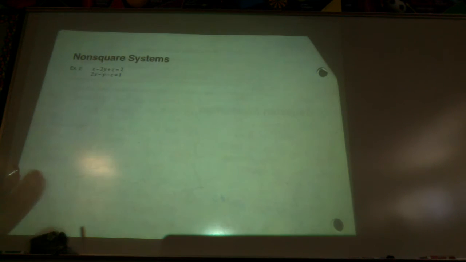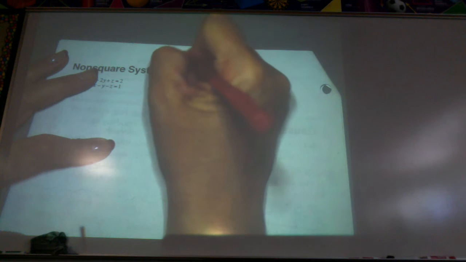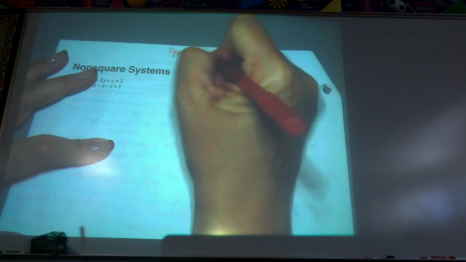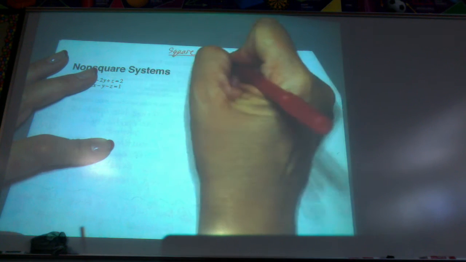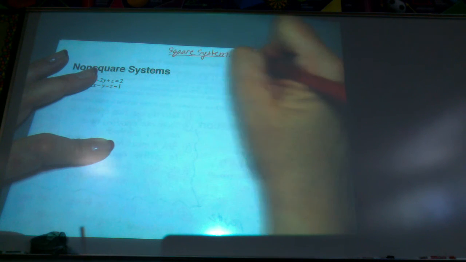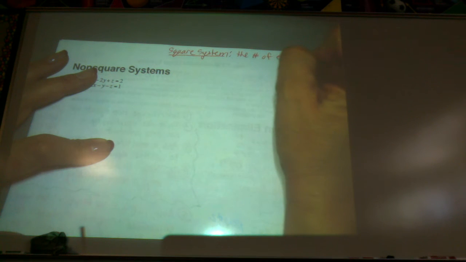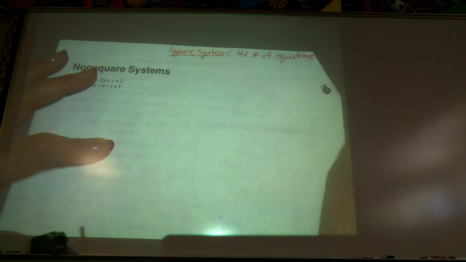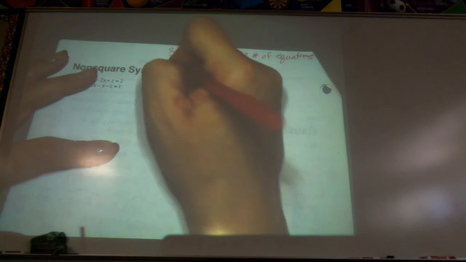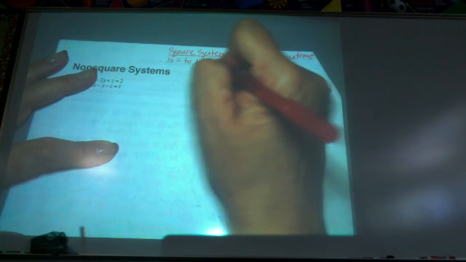So this next one is called a non-square system. So we need to know, what is a square system? A square system means that the number of equations is equal to the number of variables.